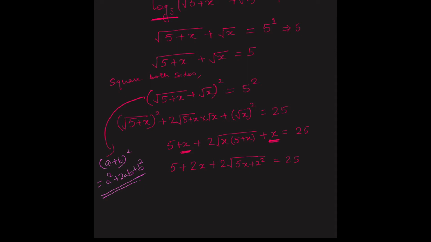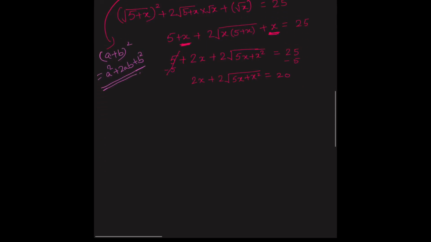So let's subtract 5 on both sides. We get rid of that because 5 minus 5 is 0. So we have 2x plus 2 square root of 5x plus x squared equals 20. Okay, let's see what we can do next. We can take 2 common just to simplify it further.